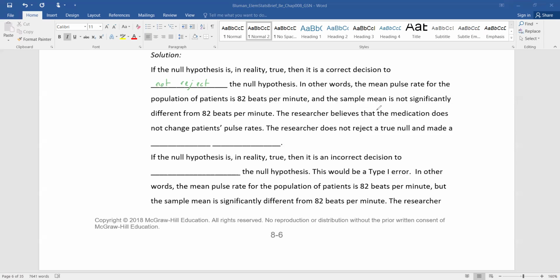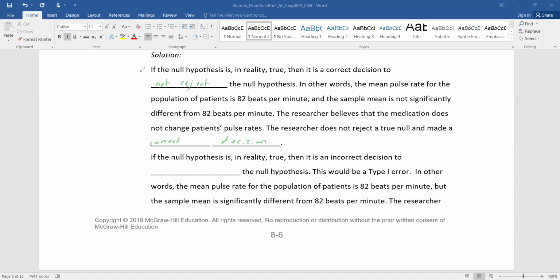The researcher believes that the medication does not change patient pulse rates. The researcher does not reject a true null and made a correct decision. Because again, we found out that the null was correct after we stated that we did not reject the hypothesis. All right, let's look at the next one.